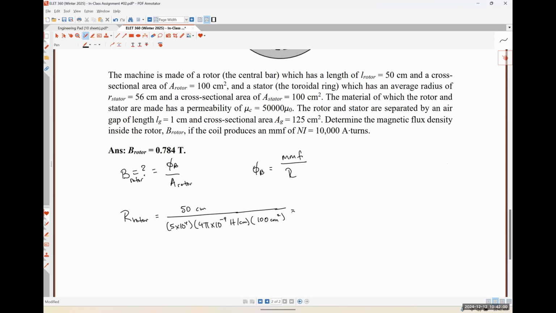If I plug this into my calculator, 50 over 50,000 times 4 pi times 10 to the minus 9 times 100, I get 795.775 amp turns per Weber. Did I screw anything up this time? Good deal.